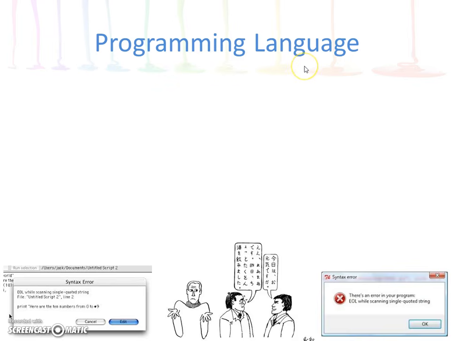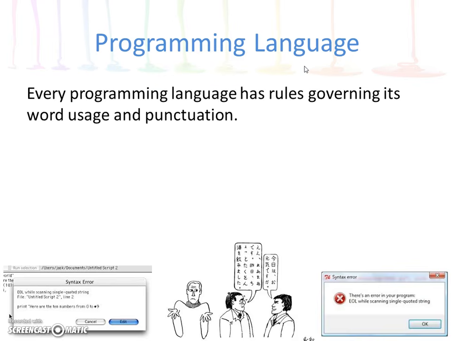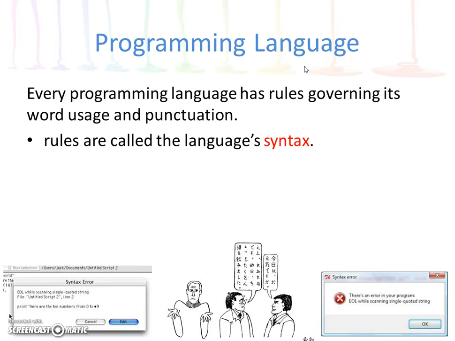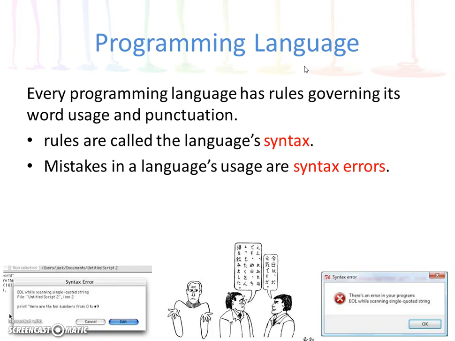Our programming language is governed by its own rules and word usage and punctuation. Now, the rules are called the language's syntax. Mistakes in the language's usage are called syntax errors, like at the bottom here.